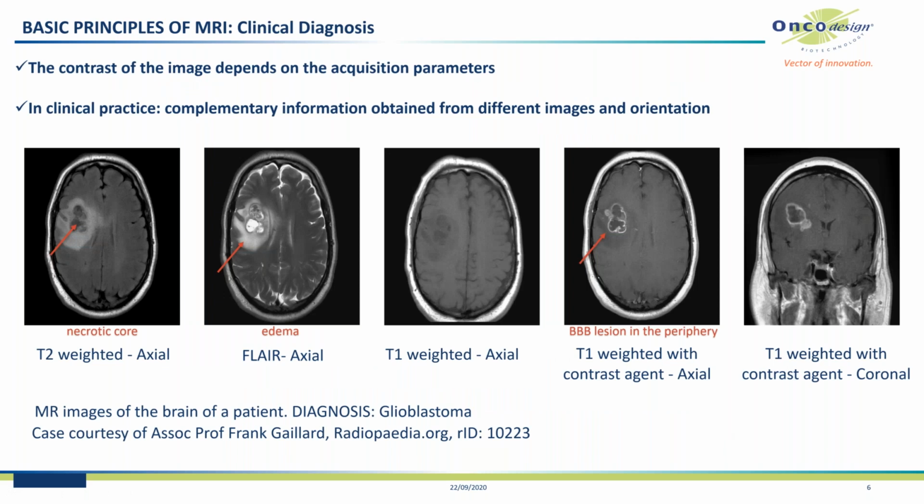So in practice, you can change the contrast of the images by changing the acquisition parameters so that you can have images that are more related to the different tissues, or more related to the T1 of the tissue, or mostly related to the density of the tissue, like in these images.